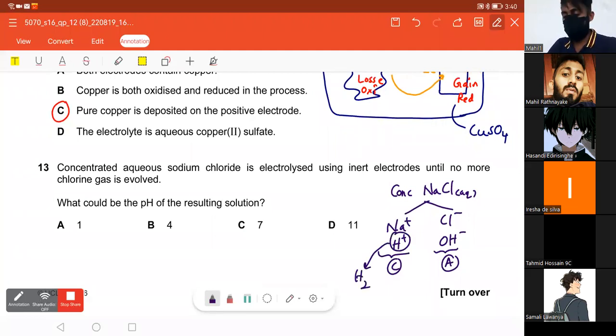At the anode, which ion discharges? Cl-, because it is concentrated. Then what will remain, Lamai? Sodium hydroxide. Is sodium hydroxide acid or alkaline? Alkaline, and pH should be 11. Can you understand? Next one.